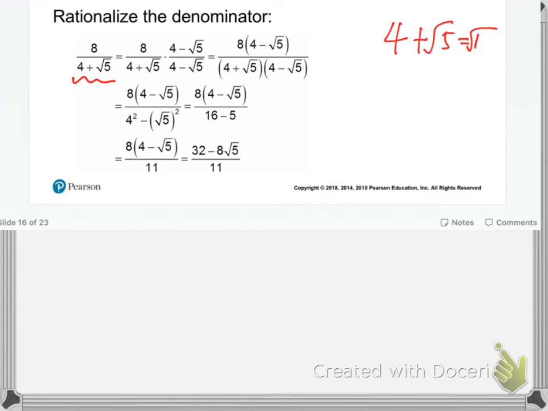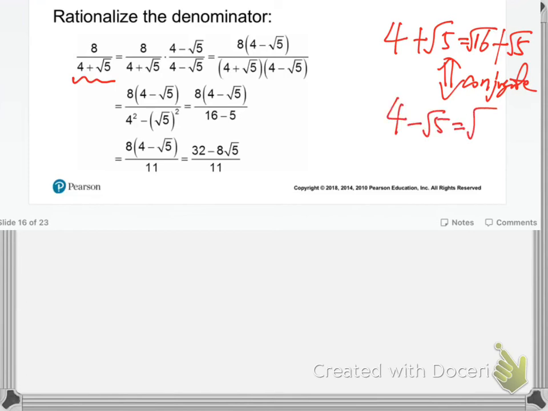It's radical 16 plus radical 5. So what's its conjugate? The conjugated radical uses the minus sign, so it's 4 minus radical 5, or you can write it as radical 16 minus radical 5. The only difference is plus changes to minus, minus changes to plus.